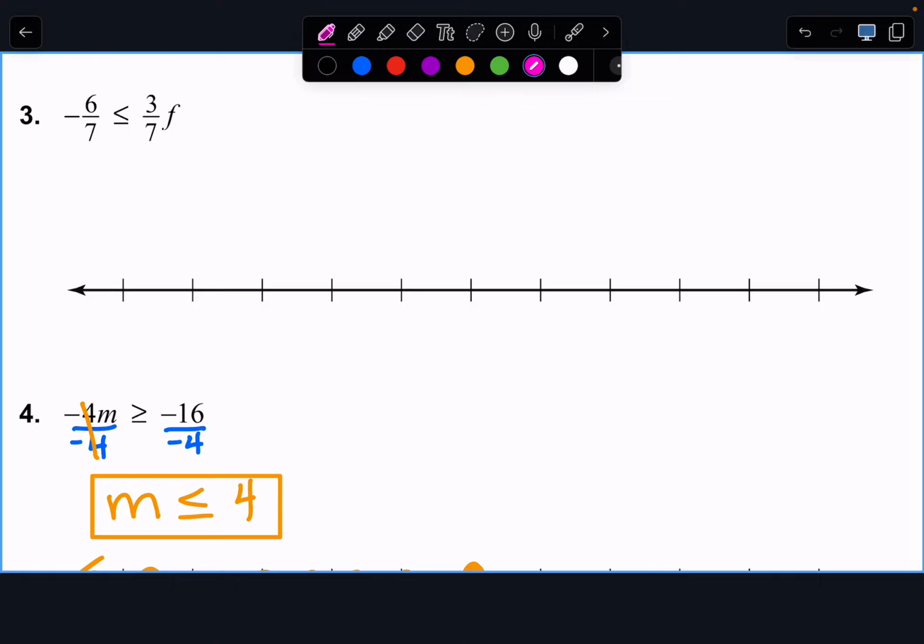Yeah. So I have a question about number 3. Jonah, how do I get rid of this 3/7? Multiply by 7 over 3. Is that a positive or a negative number that I'm multiplying by? Positive. Okay, so our inequality sign is not gonna change.